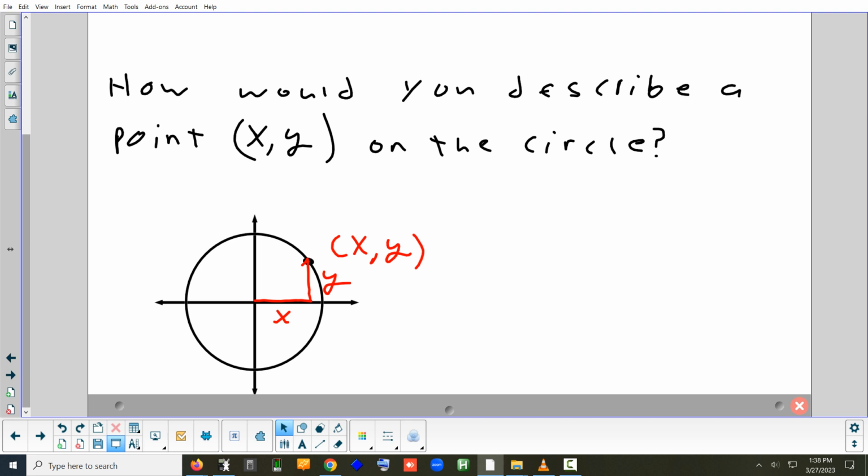And if I do this, what would that be in this problem? That's my radius of my circle. Now, what in this triangle would be the thing that would change, that would control this point moving around to different spots?